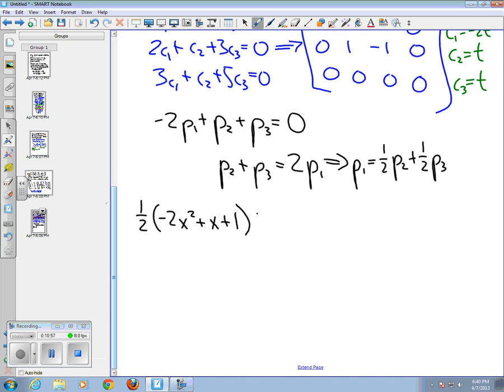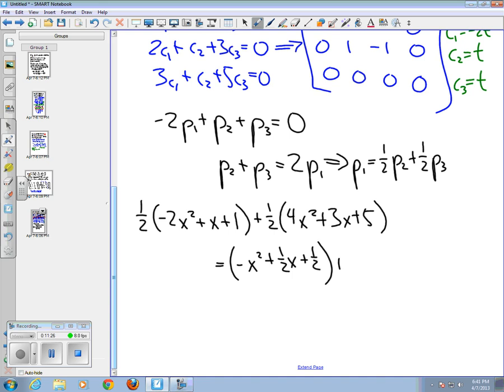And then P3, let's take half of P3. So what I'm doing is computing 1/2 P2 plus 1/2 P3 to see if it does in fact equal P1. So P3 was 4x squared plus 3x plus 5. So when I distribute the 1/2, we've got -x squared plus 1/2 x plus 1/2.